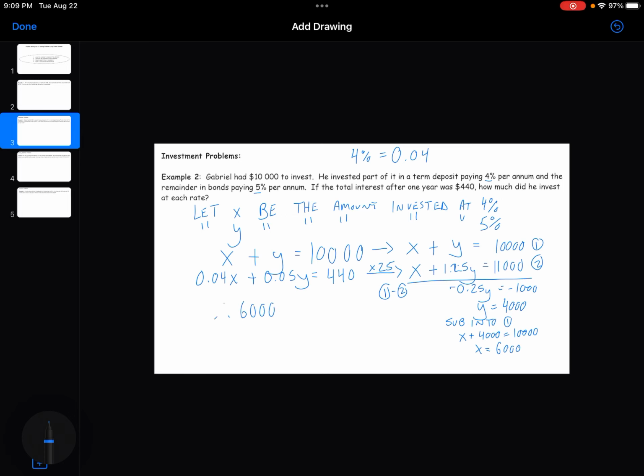Therefore, $6,000 were invested at 4% and $4,000 at 5%. Okay, that's just using my let statements to read exactly what X and Y mean. I almost made a mistake there and switched them, but X was what we found at 4%, Y at 5%.